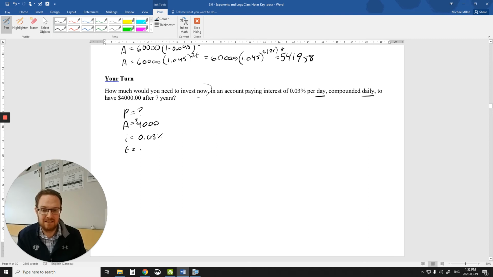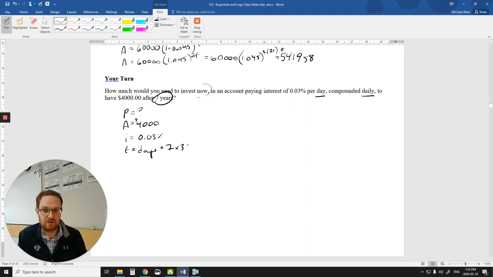My T is just the days, right? But the thing is, this isn't days per day, this is 7 years. So how many days is 7 years? So 7 years, because that is beyond the leap years, because there's going to be a leap year in there.